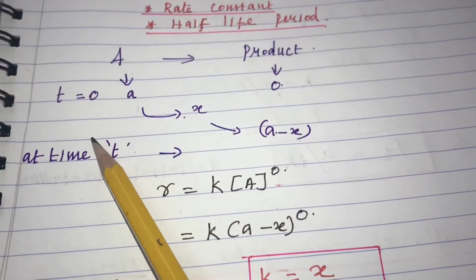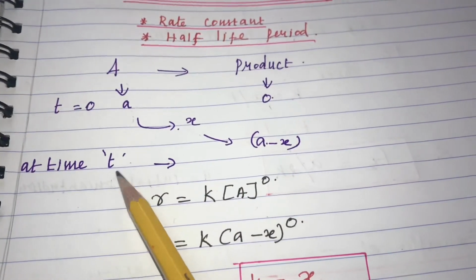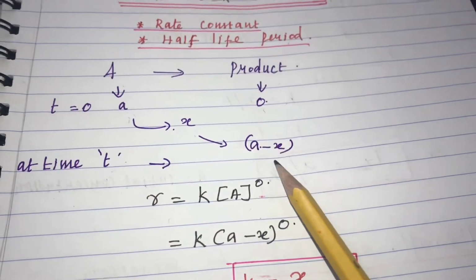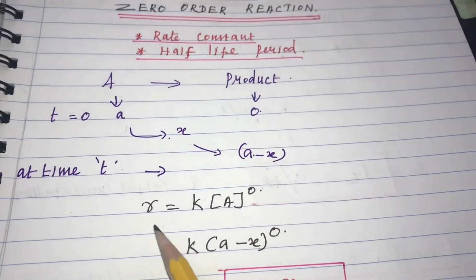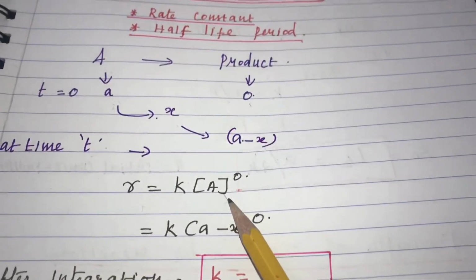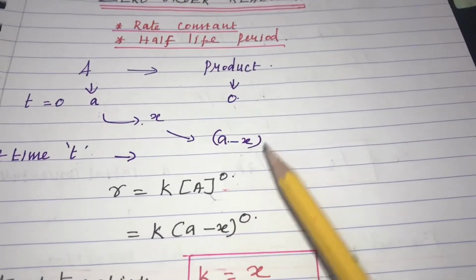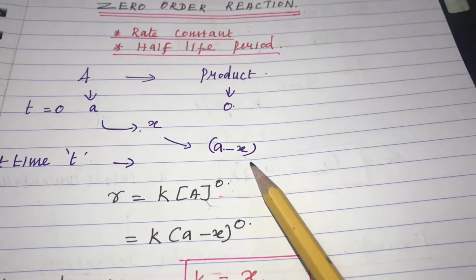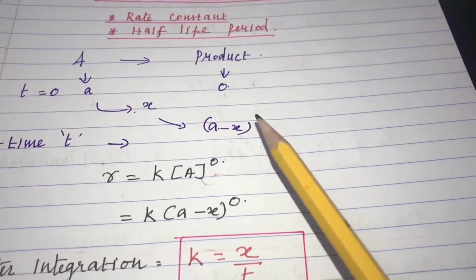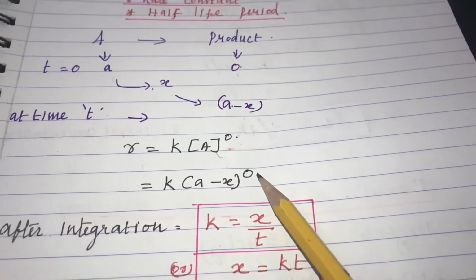In a given time T, from the A, X moles reacted, so after time T, the concentration of A becomes A minus X. The rate of the reaction does not depend upon the concentration of the substance, so we can write the equation as R is equal to K A power 0. Here at a given time T, the concentration is A minus X, thereby we can also write K is equal to A minus X power 0.